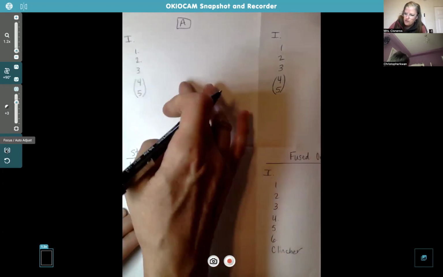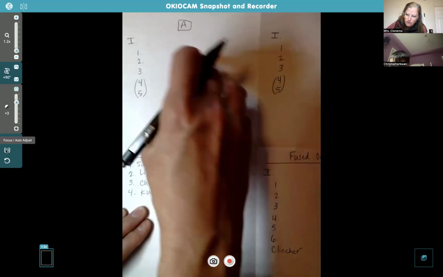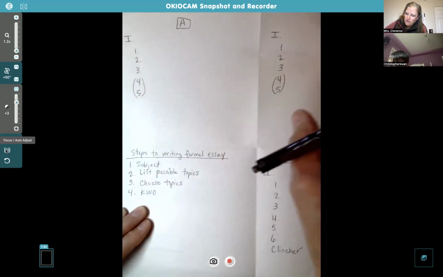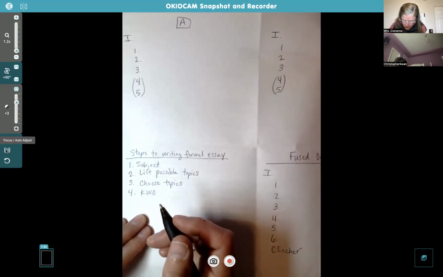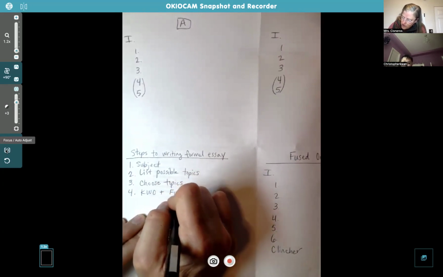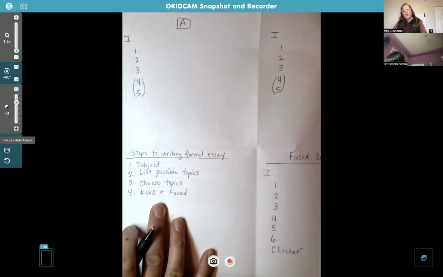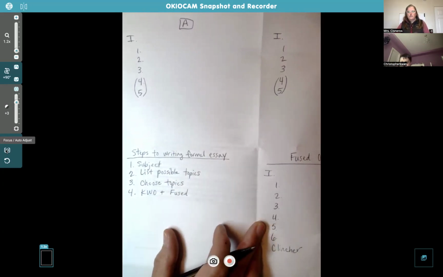And these are called source outlines. So under source A, you're going to write your outline from that article. Under B, from article B. Under C, from article C. And I'm going to put plus fused. So this is when you write your KWOs plus your fused. After you choose your topics, that's the next step.